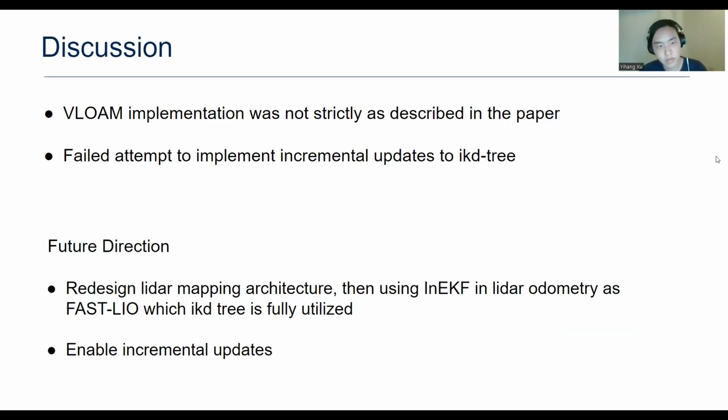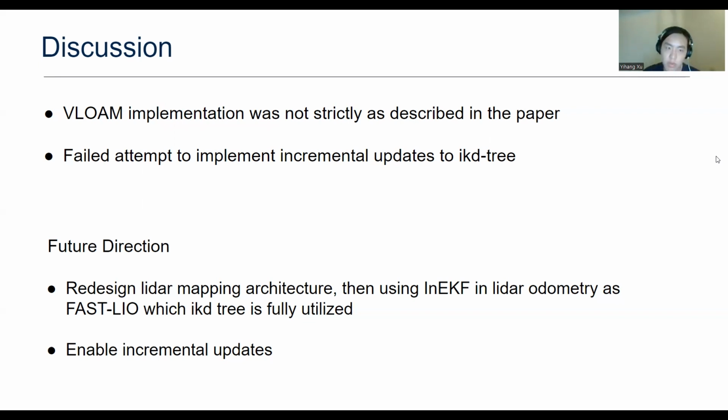As conclusion, although we made some improvement in calculation speed, we failed to achieve our original goal of the incremental ikd-Tree. Well, we believe the parts that contribute to this outcome are, first, we had the wrong focus implementing the ikd-Tree.